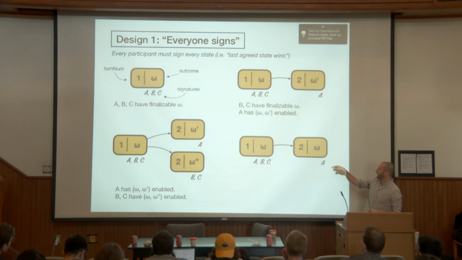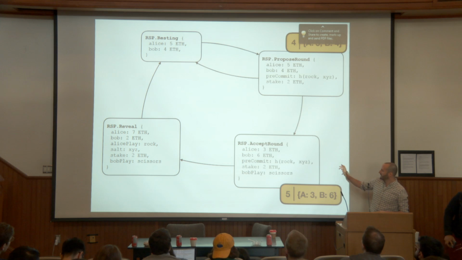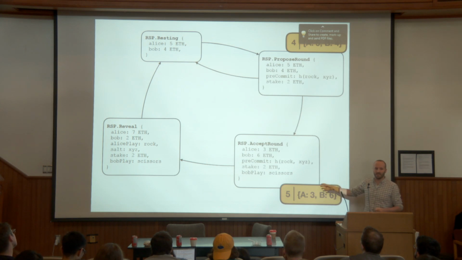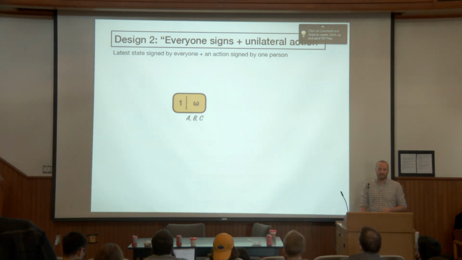And then you can also have this case where you move to a new state that has the same outcome, because these are outcomes, not states. This is just to highlight that you have states, and I'm ignoring the state part. I'm just focusing on what that state means to you. So this is interesting.